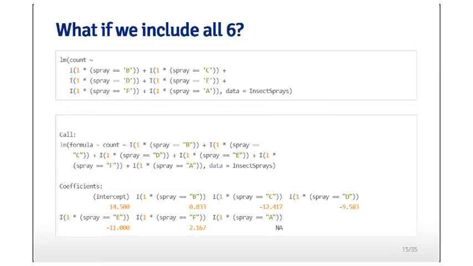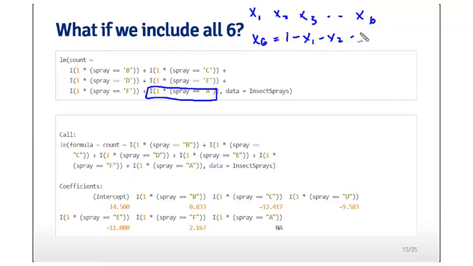Well, first, I'm including an extra variable, and this one is clearly redundant. Let's say I have x1, x2, x3 up to x6 that are all binary, and x6 is equal to 1 minus x1 minus x2 minus x3 and so on, minus x4 minus x5. So by including the intercept, we have a 1 in the model, and we have x1, x2, x3, x4, and x5 in the model.